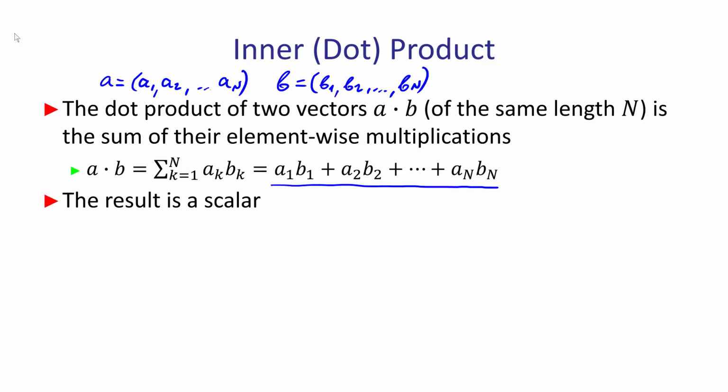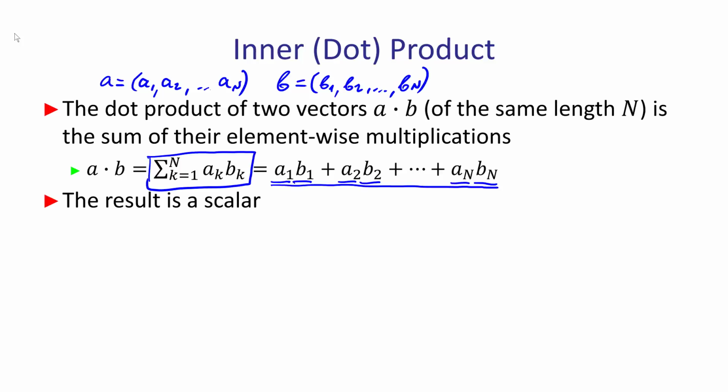You're taking the first element in vector a, multiplying by the first element of vector b, plus the second element of a by the second element of b, plus, and so on, the last element of a by the last element of b. This is how you write that formally as a formula. This is just the sum of ak bk, where k runs from 1 to n.